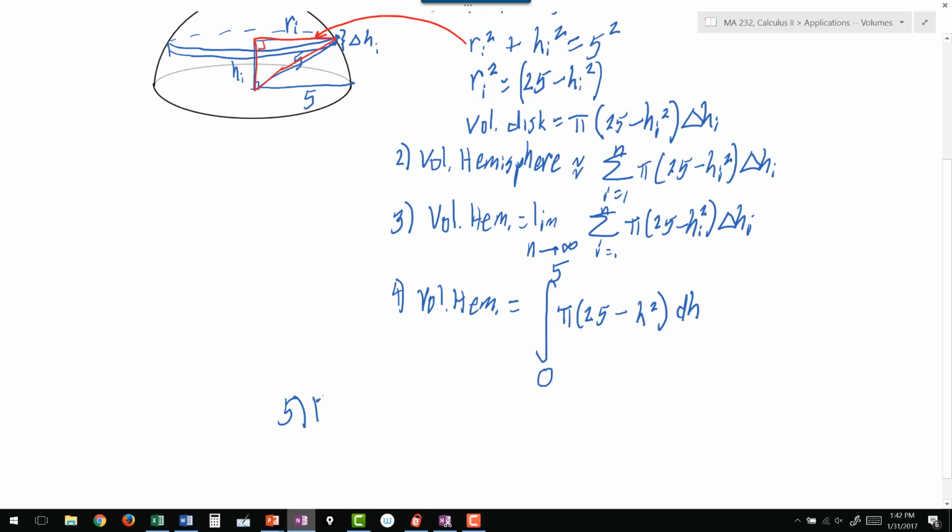To finish up, the fundamental theorem allows us to evaluate this integral by finding an antiderivative instead of doing all of the limits. First, I pull a pi out in front of the integral.